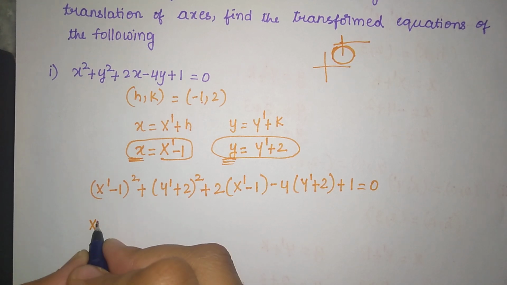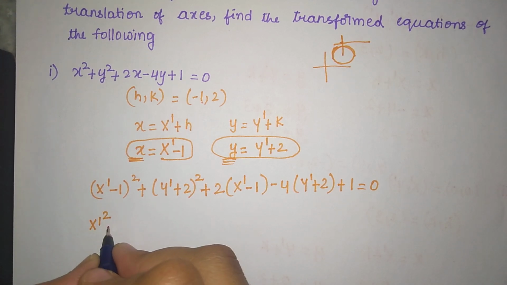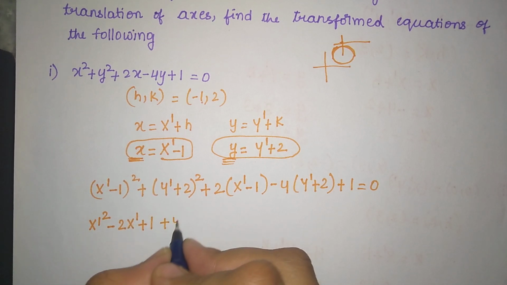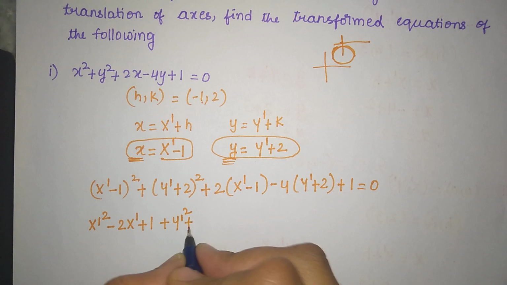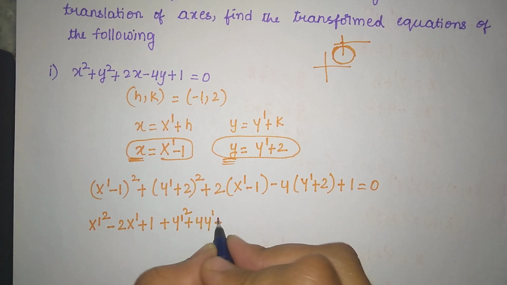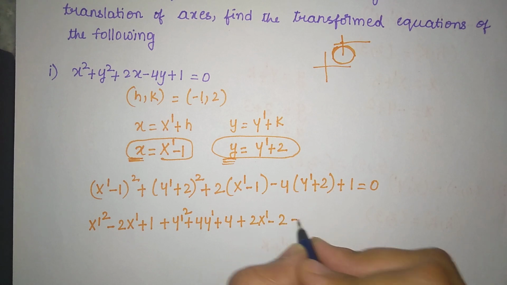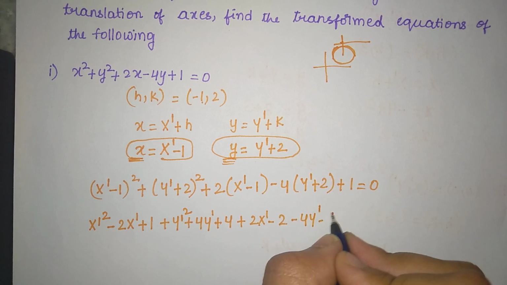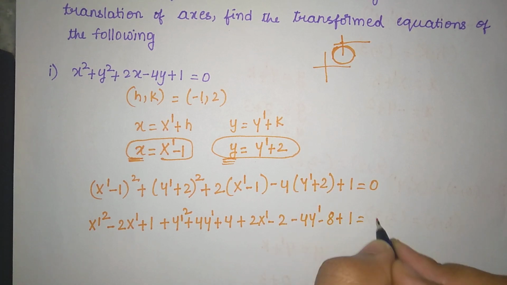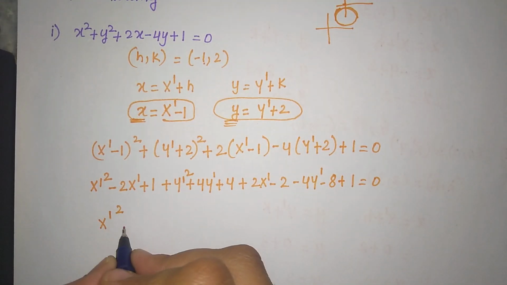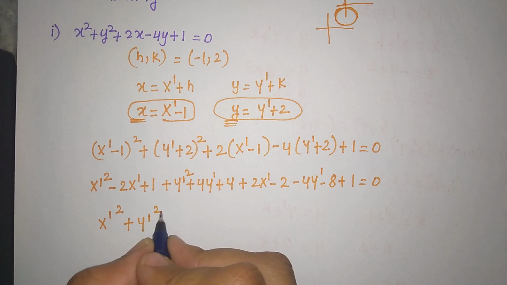You can expand. X dash square minus 2x dash plus 1 plus y dash square plus 4y dash plus 4 plus 2x dash minus 2 minus 4y dash minus 8 plus 1 is equal to 0. Okay. Capital X dash square plus capital Y dash square.